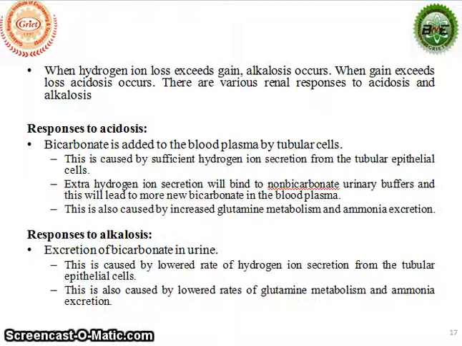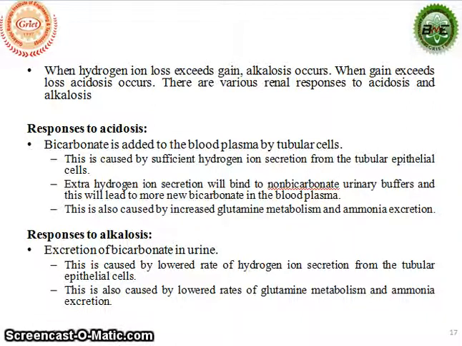When hydrogen ion loss exceeds gain, alkalosis occurs. When gain exceeds loss, acidosis occurs. There are various renal responses to acidosis and alkalosis. For example, the kidney responds to acidosis by adding bicarbonate to the blood plasma via tubular cells.